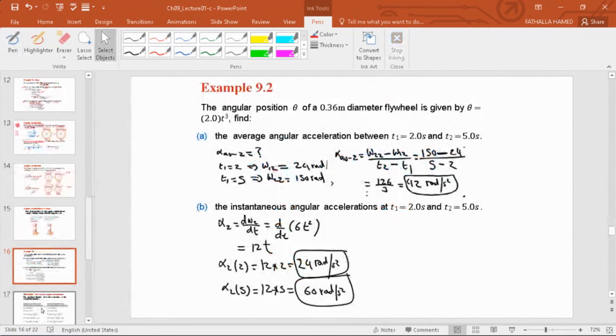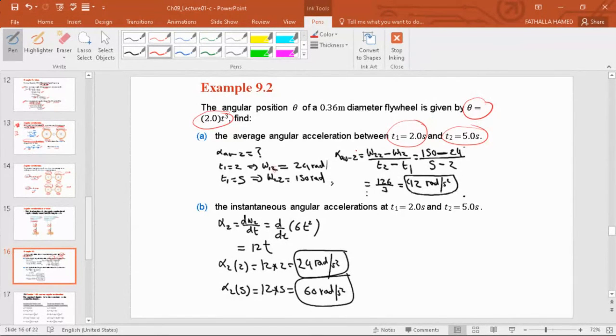So let's take an example here. It's the same example that we dealt with, where theta is expressed as a function of time and theta is equal to 2t cubed. They ask us to find the average angular acceleration between 2 seconds and 5 seconds.